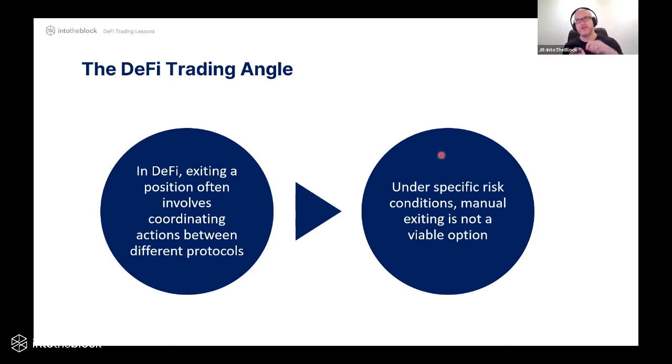You need to go to an AMM and liquidate a position, or you need to do a recursive borrow and lending that is not trivial to do manually. And because risk conditions are 24/7, having logic that allows you to get out automatically is super important, because sometimes exiting manually is not an option.